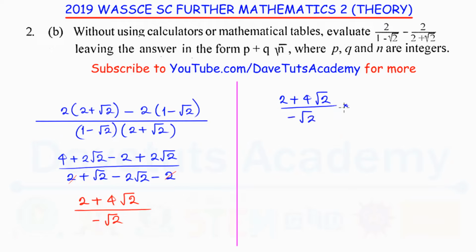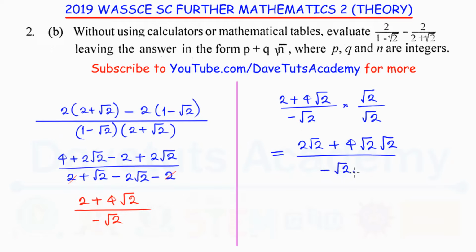But I want to multiply it by root 2 over root 2. I have expressed this initially, that this is going to give me just 2. I'll just note the negative sign. So that is going to give me 2 times root 2 is 2 root 2 plus 4 times root 2 times root 2, over minus root 2 times root 2.